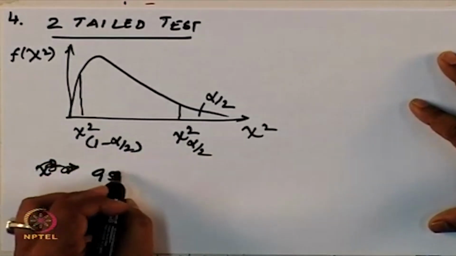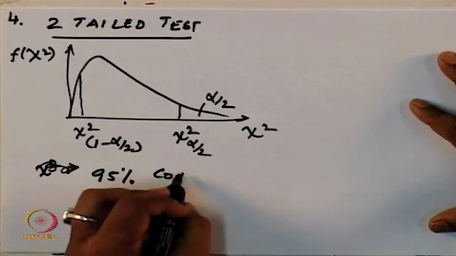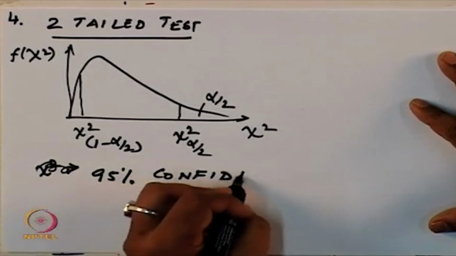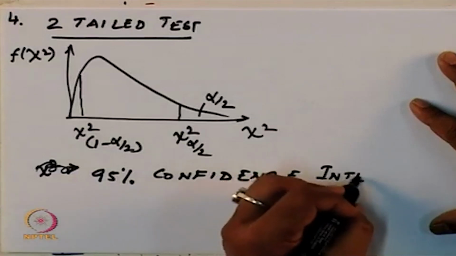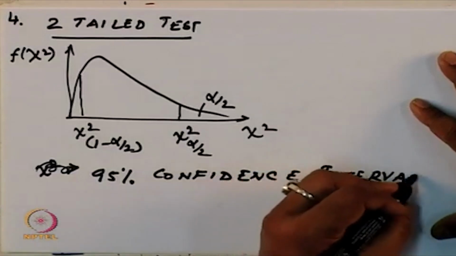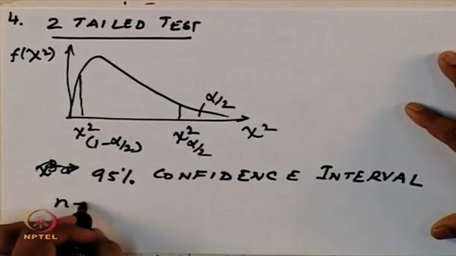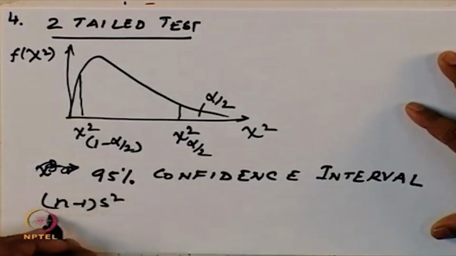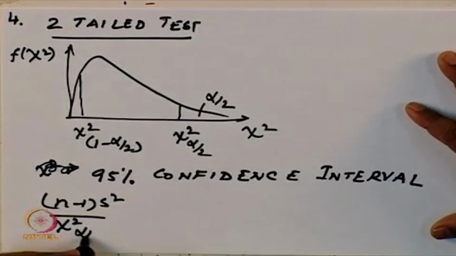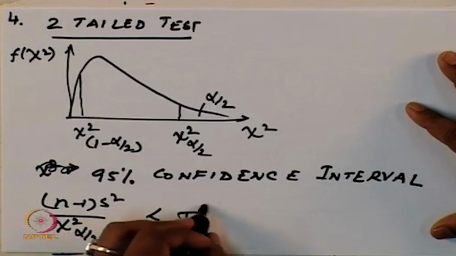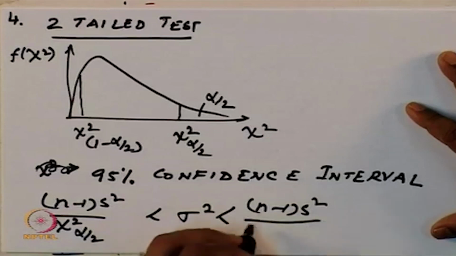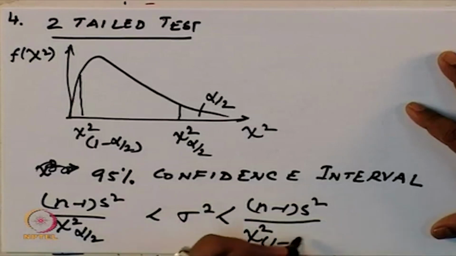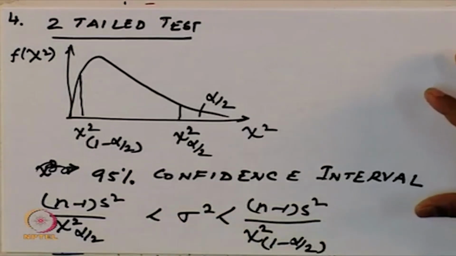your 95% confidence interval is given by n minus 1 times s square divided by chi-square values.